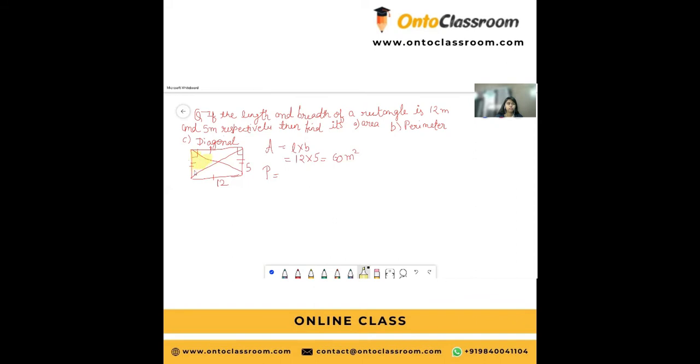The space occupied by this is the yellow portion. The whole yellow portion is the area, the surface which is occupied by this rectangle, which is 60 meter square. We found it in the first part, and the perimeter is the boundary of this line.